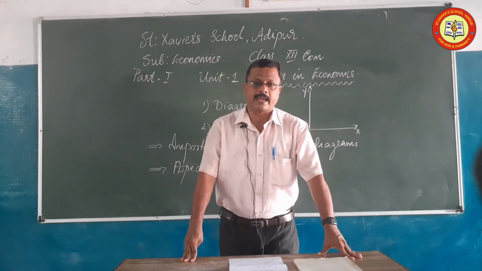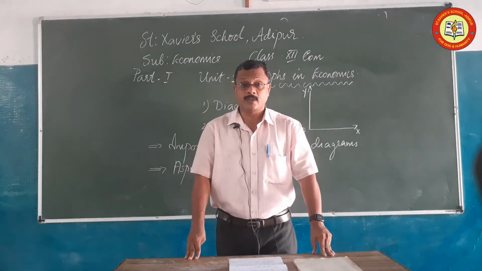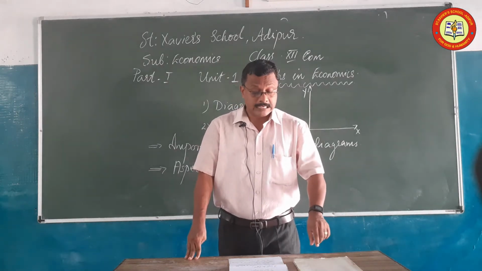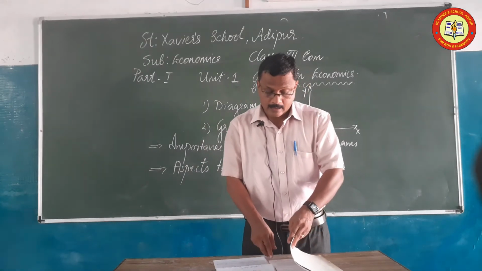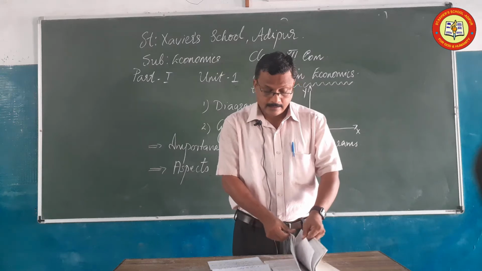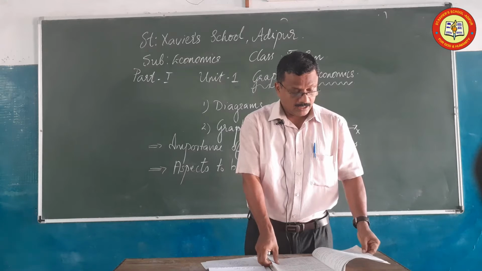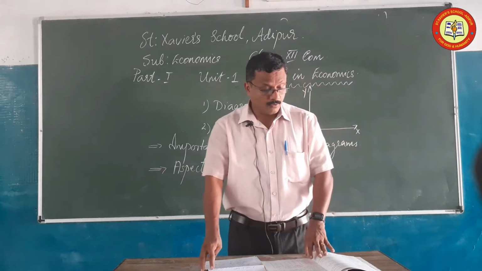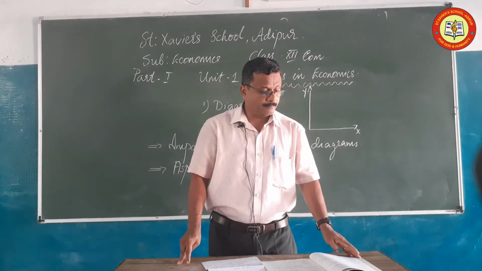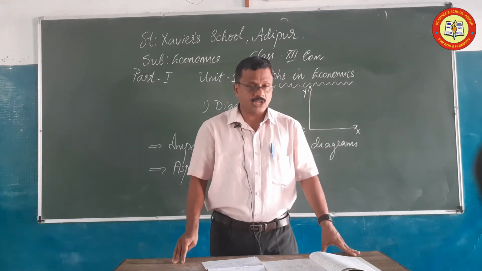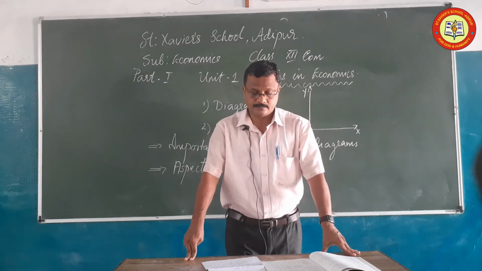So as to explain this particular time-based line diagram, I want you to take page number 4. Yes students, in table number 1, on page number 4, time series, also called time-based line curve.